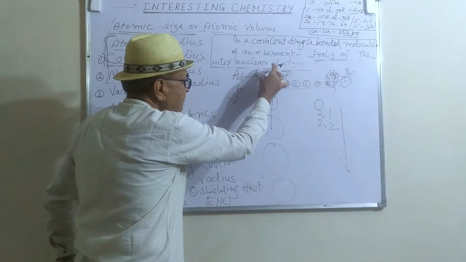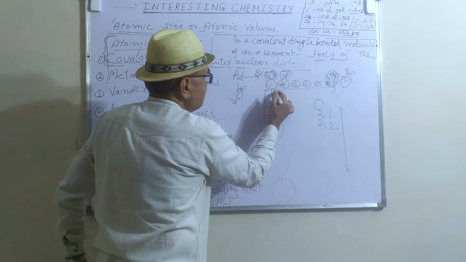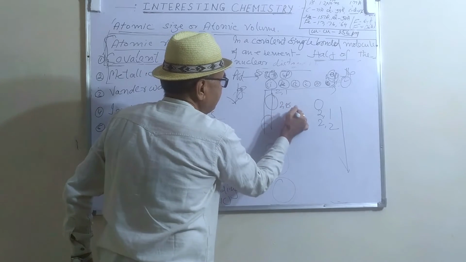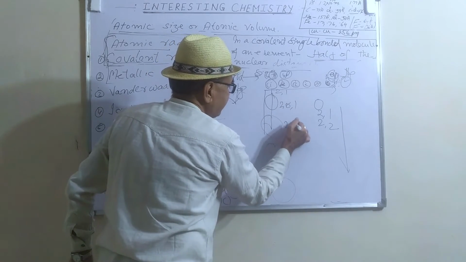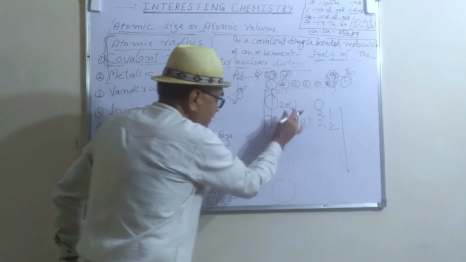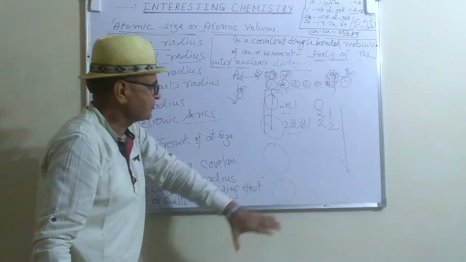Now the number of shells. Here lithium is 2, 1, sodium is 2, 8, 1, potassium is 2, 8, 8, 1. So the number of shells, the number of orbits, increases.